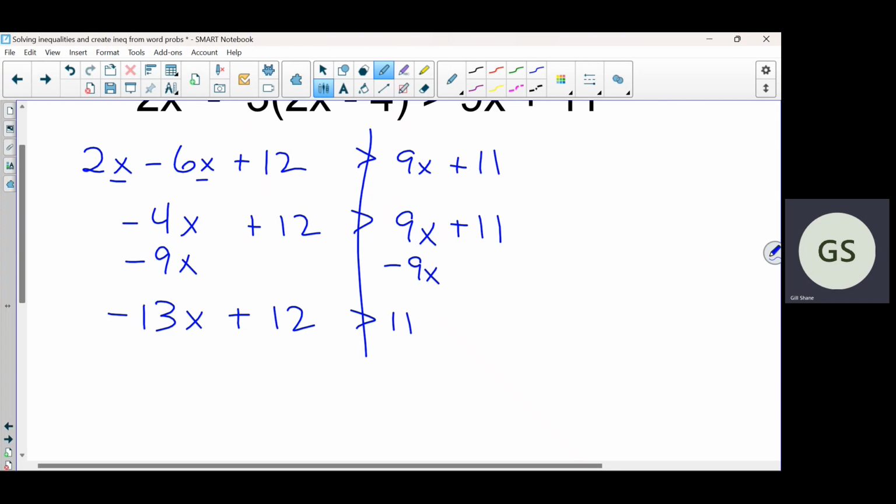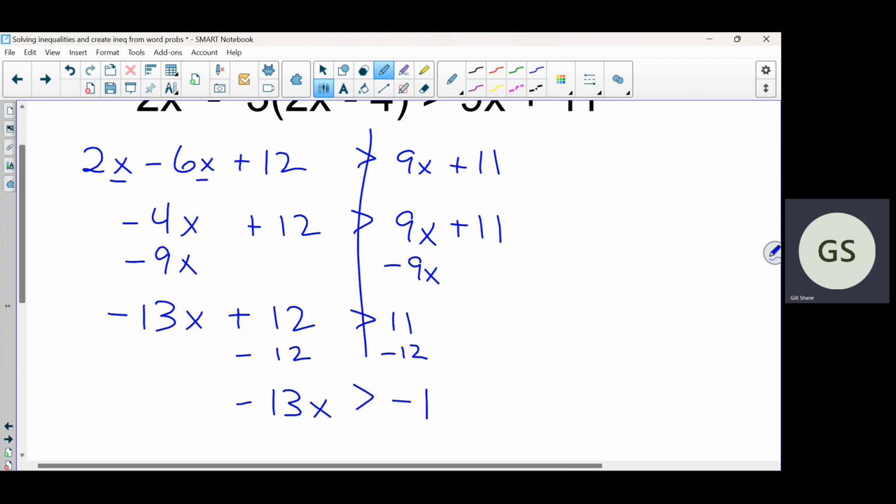All right, so again, how do we know where to start when we do a two-step equation? Farthest away from the variable, or save the variable for last, either one. So negative 1, negative 13x. Same as an equation, just we have an inequality sign. What's the next step?